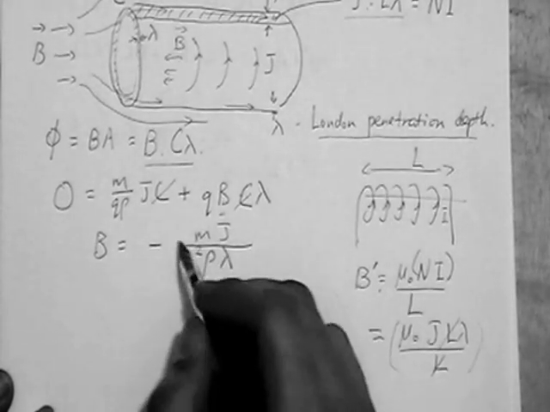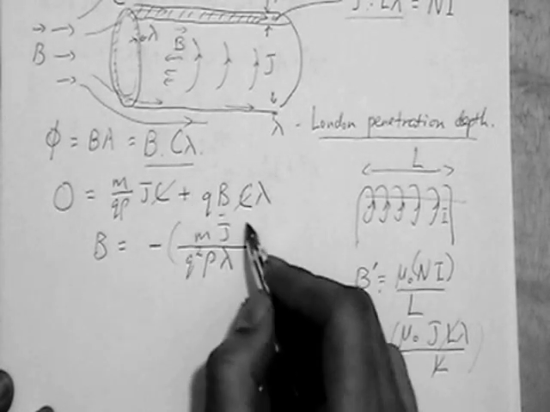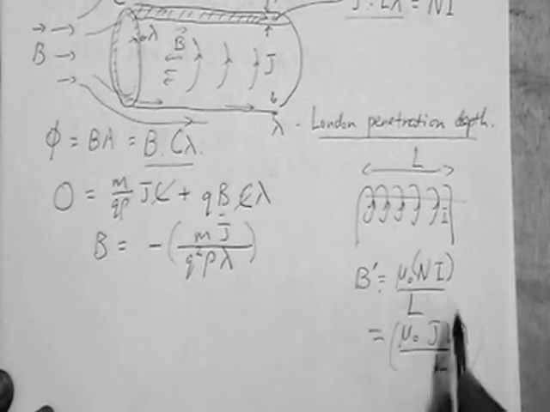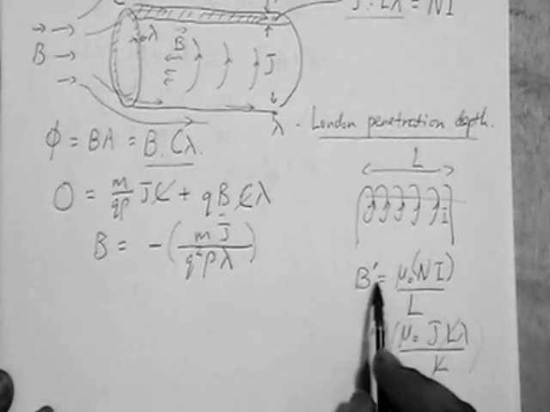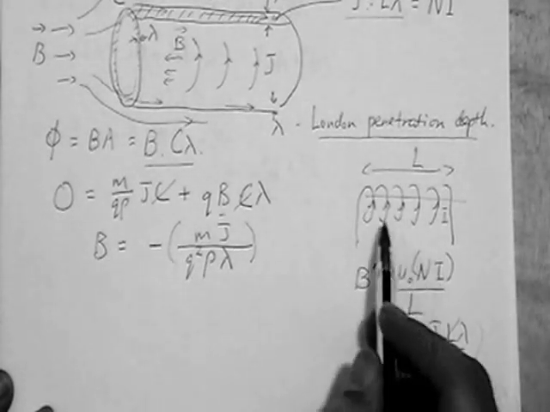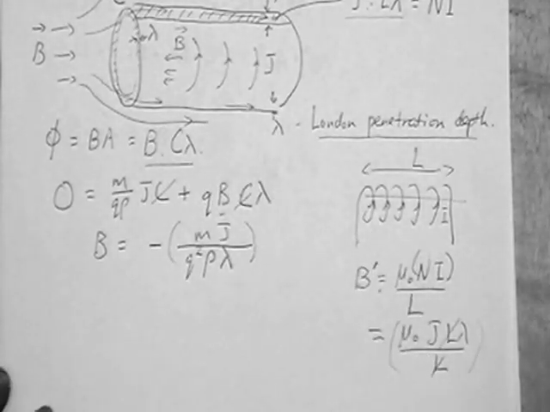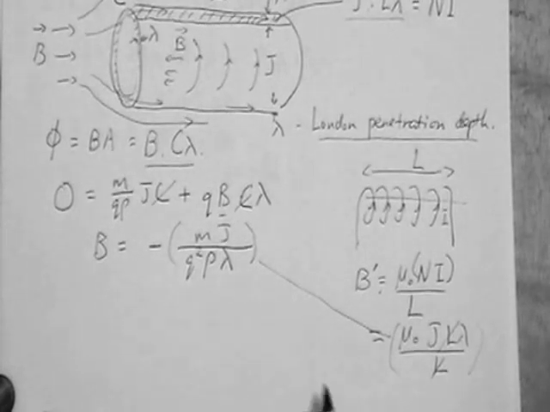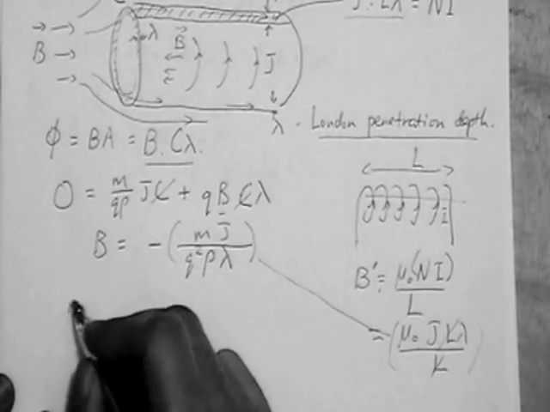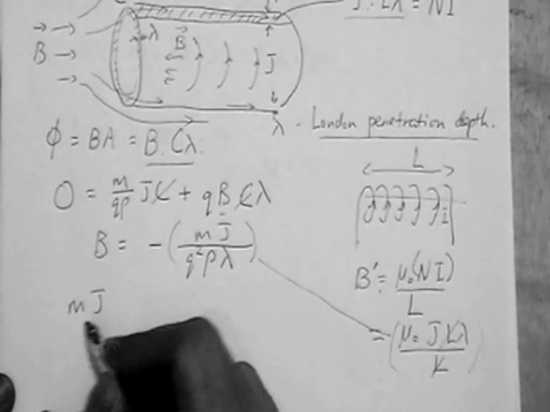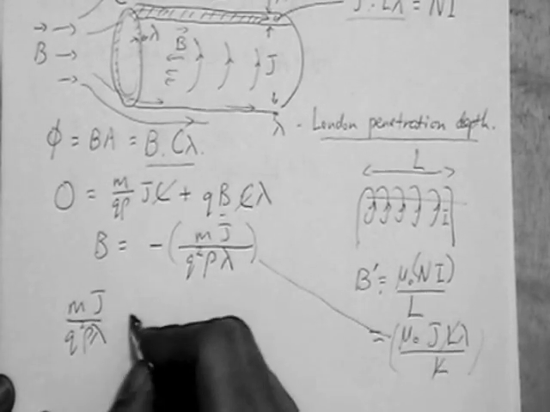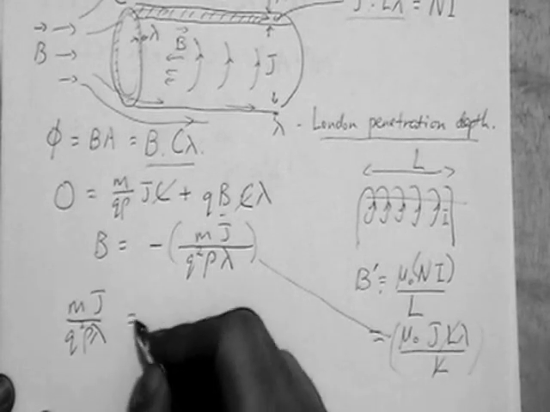So in terms of the magnitude, therefore, we see that the magnitude of this external field should be equal to the magnitude of this field from the circulating current. So therefore, we can equate those two expressions. That is equal to mu naught J lambda.